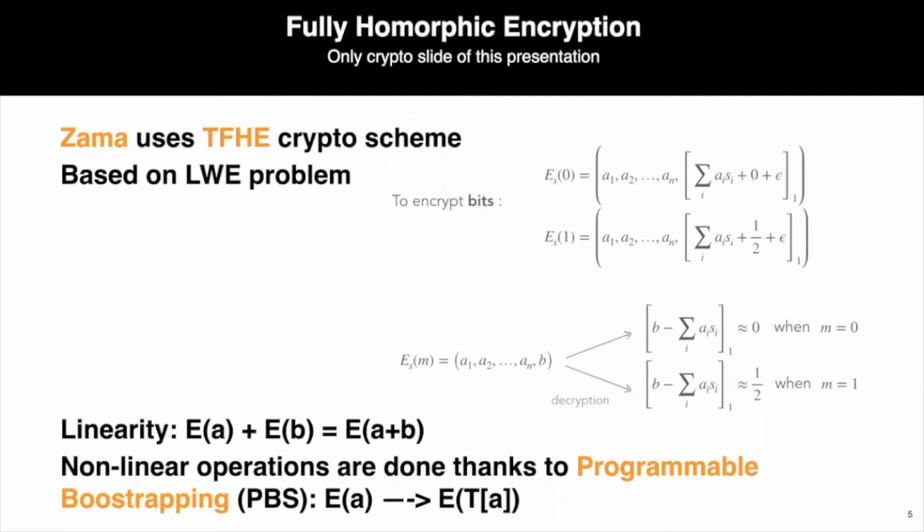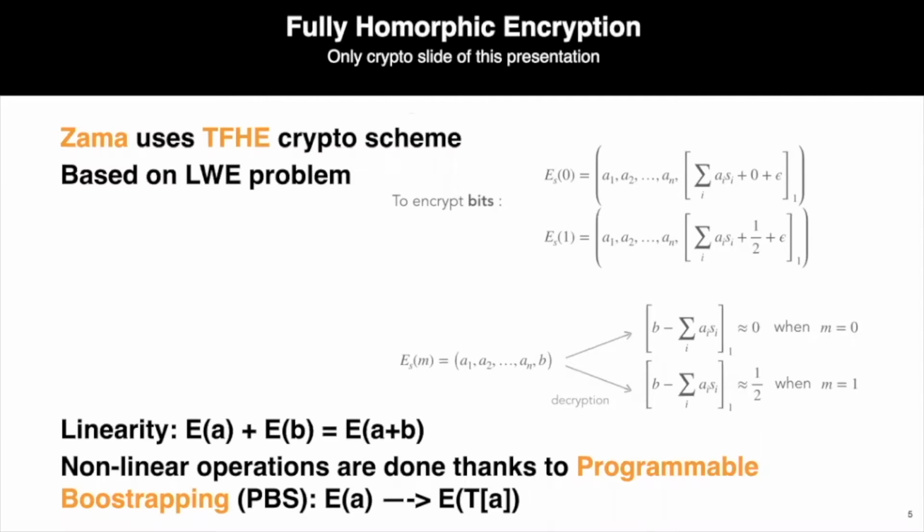And you add a small error, a value which is very small compared to 0 or 1/2, so that the last part of the encrypted message, which we call the body, is not exactly the dot product plus the message. This is the encryption, and as we are on the torus, we reduce everything modulo 1. The bracket 1 means modulo 1.